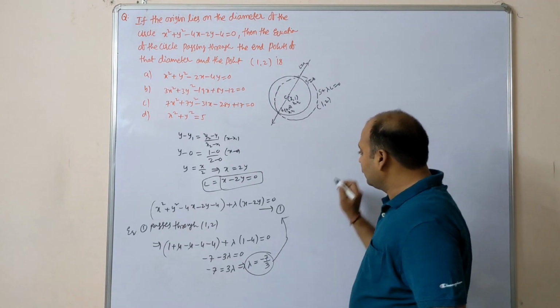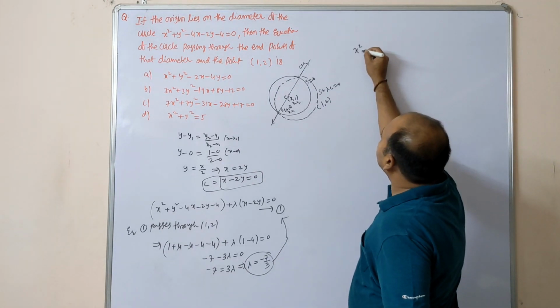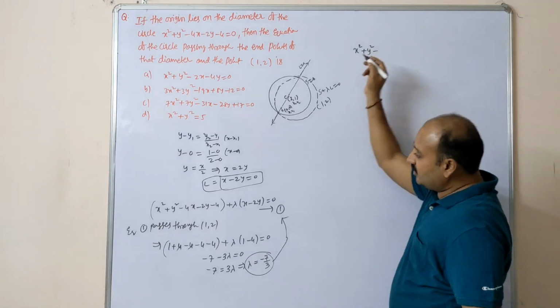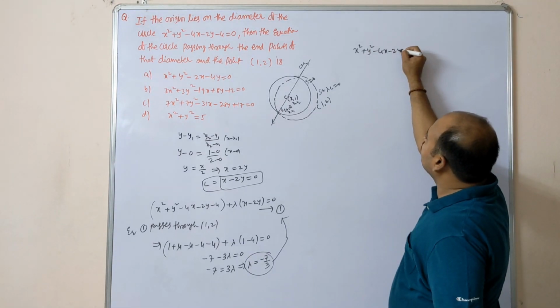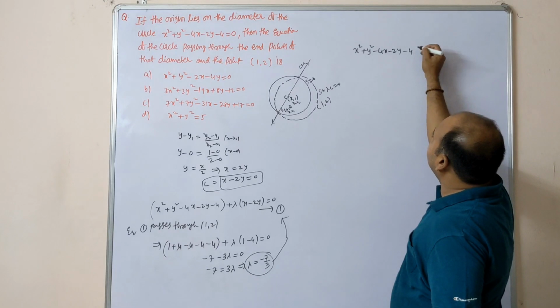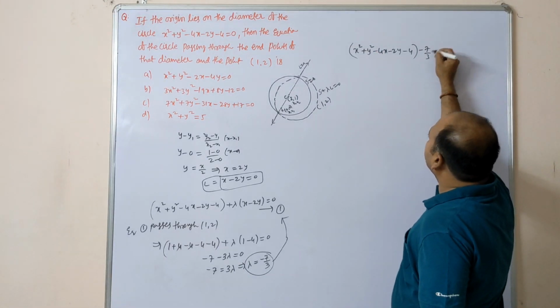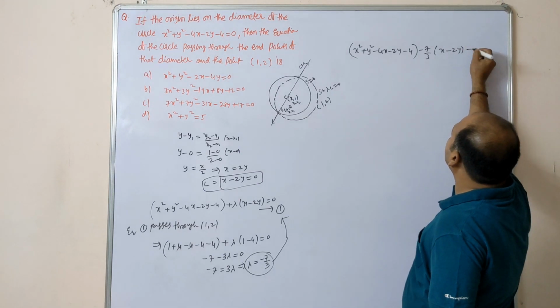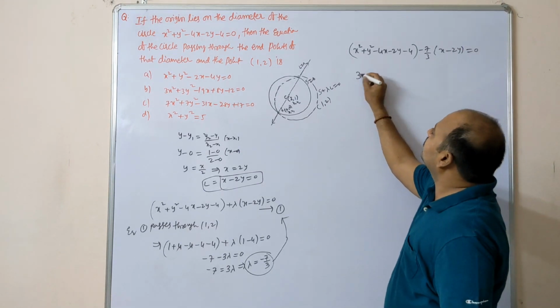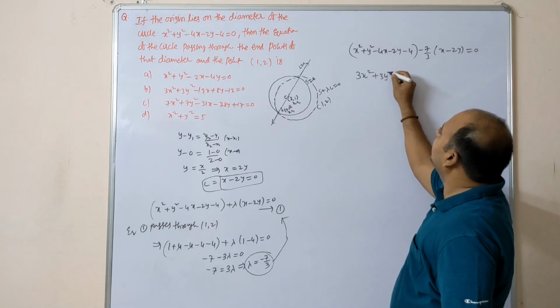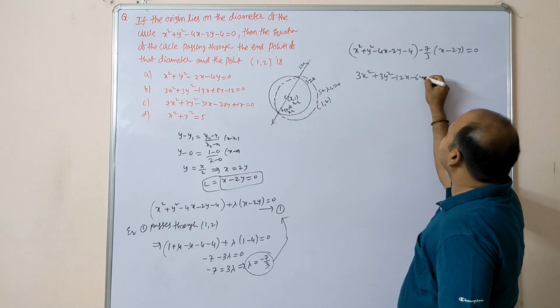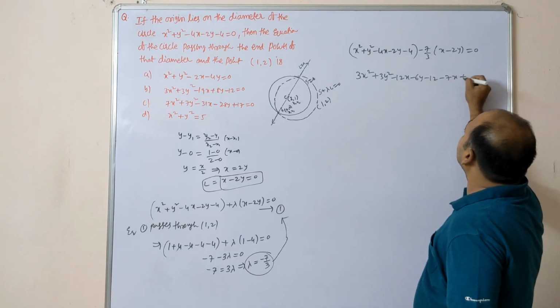So you will get x square plus y square minus 4x minus 2y minus 4 into minus 7 by 3 into (x minus 2y) equal to 0. 3 times of this one: 3x square plus 3y square minus 12x minus 6y minus 12 minus 7x plus 14y.